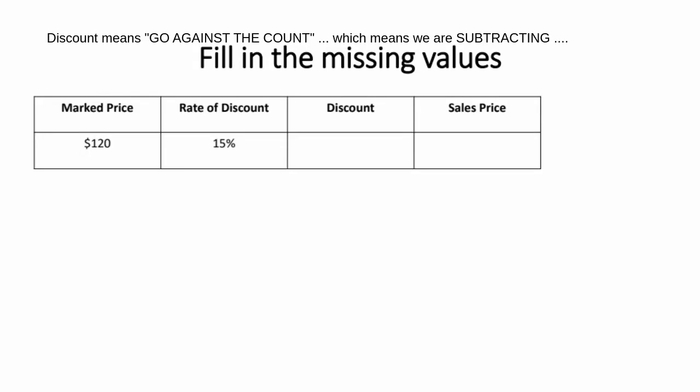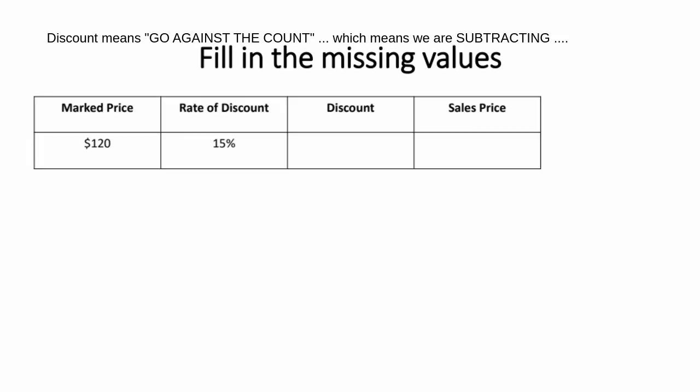We're going against. Against something is I'm subtracting. This particular table is wanting the discount, which means I'm going to get one number, and then I'm getting the sales price. Well, this problem is still done in 2 steps.